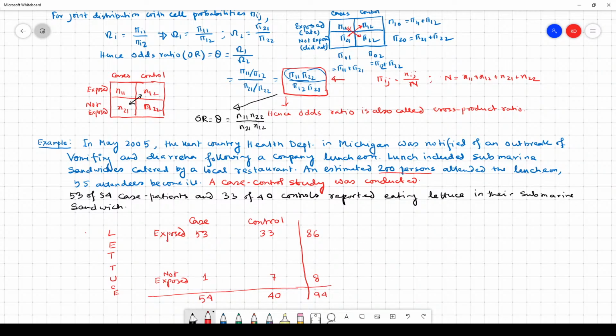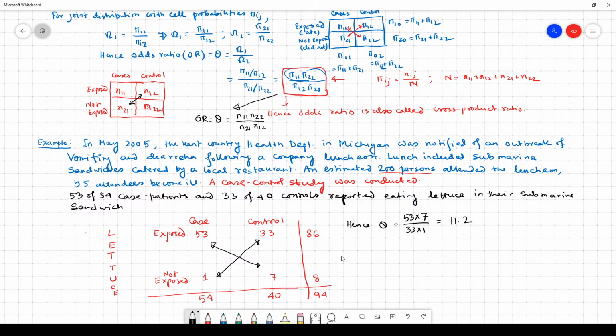Hence, the odds ratio is equal to 53 into 7 divided by 33 into 1, which is equal to 11.2.